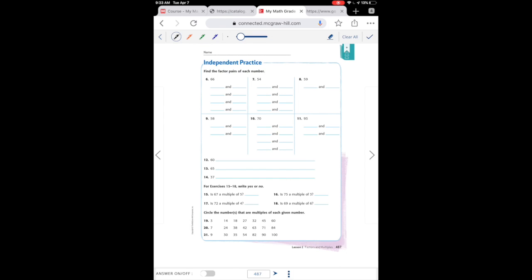Okay, so when I did this problem, I got 1 times 60. That's my comma. I got 2 and 30. I tried 2 because I see that it's an even number. It ends in a 0, so I tried 5 and got 12.